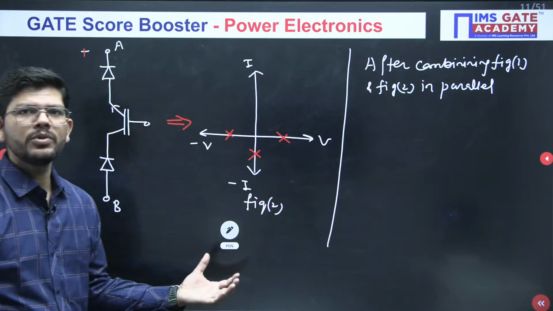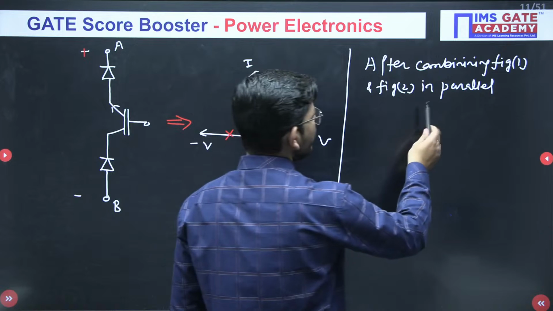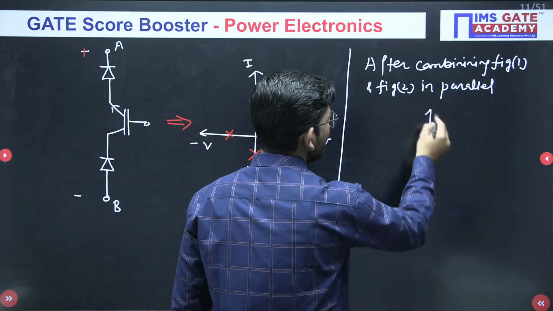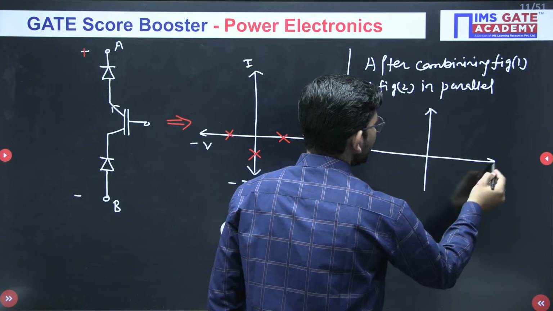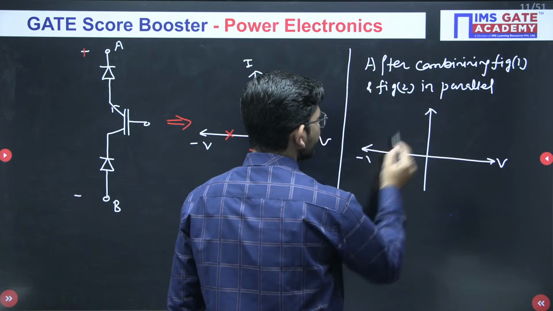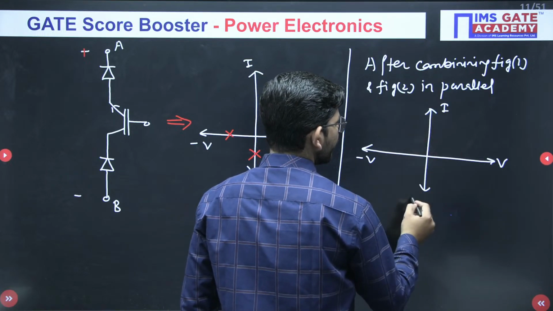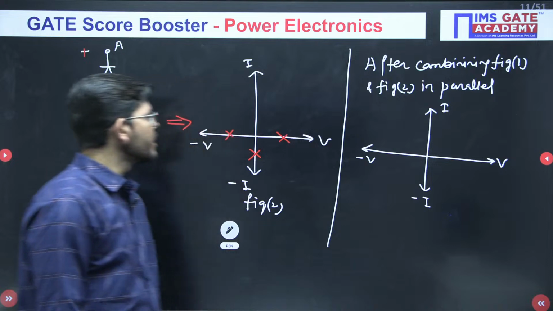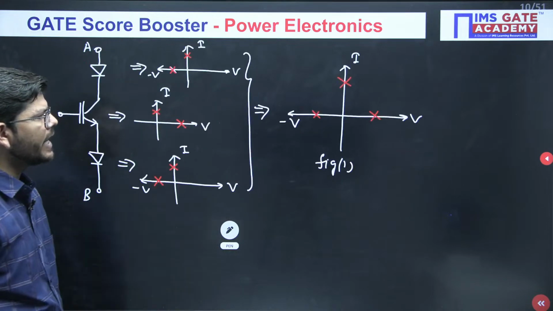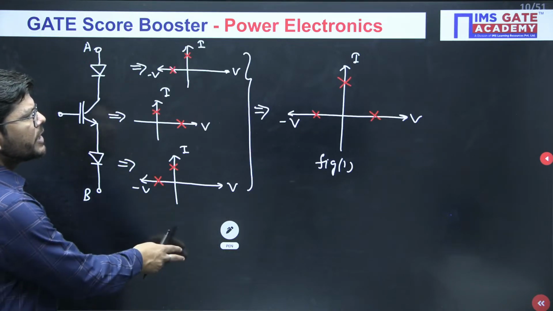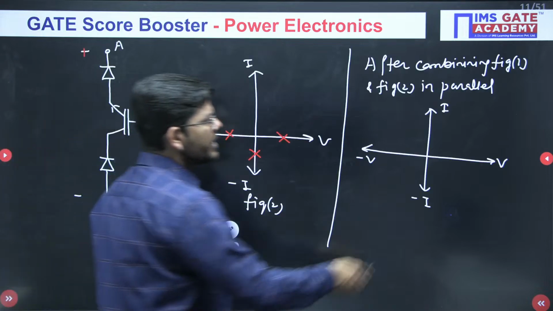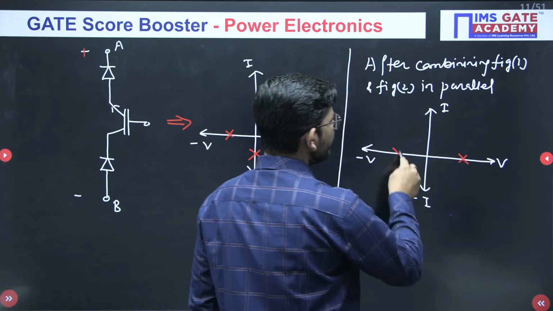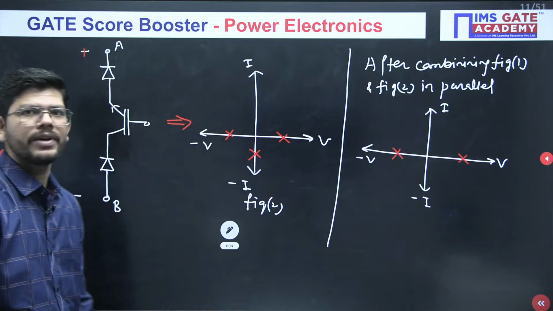If you are combining them using parallel combination, what will happen? In parallel you have to take the same voltage and different current. So voltage is positive, negative here and positive, negative here, so we have to take the same voltage. Current we have to take different.